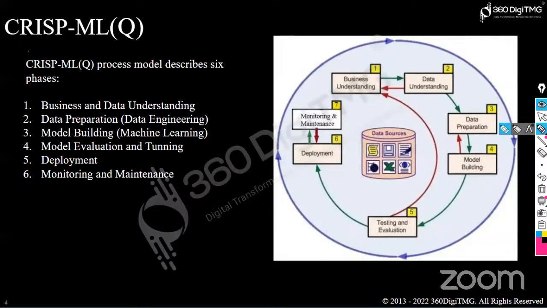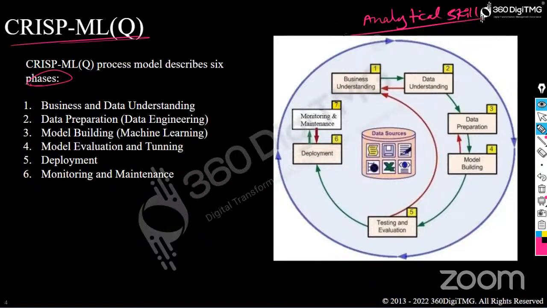Now under CRISP-ML(Q), we have a model which is having 6 phases. Earlier we have seen analytical skills. Those skills are required to understand the data and make sure that the data is analyzed and tested. So analytical skills are required when you have this model and then evaluating that model and deploying.